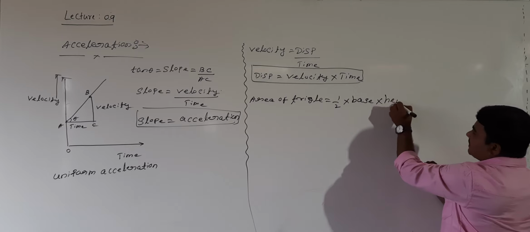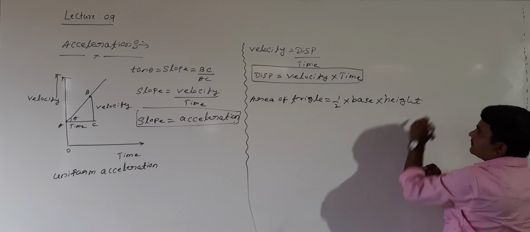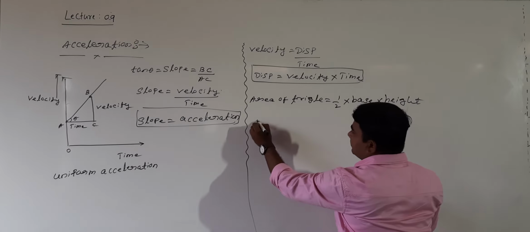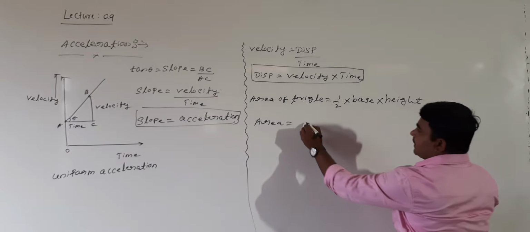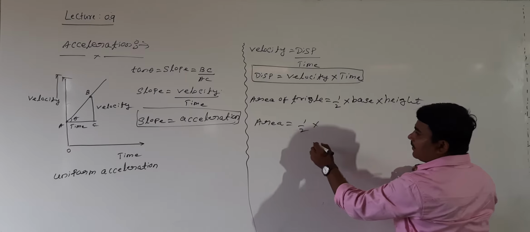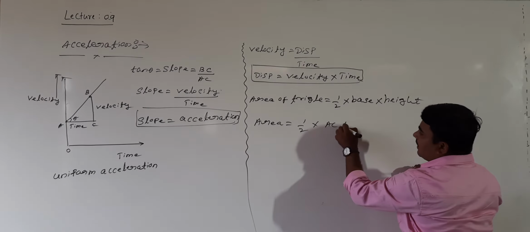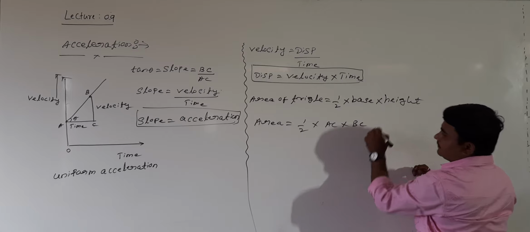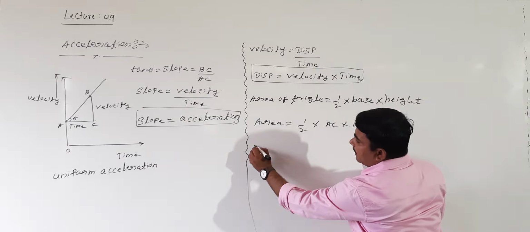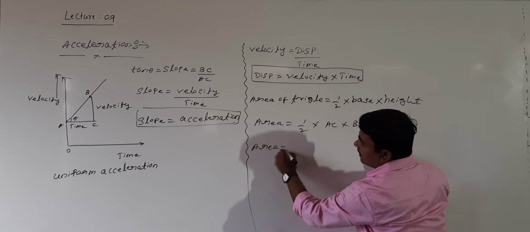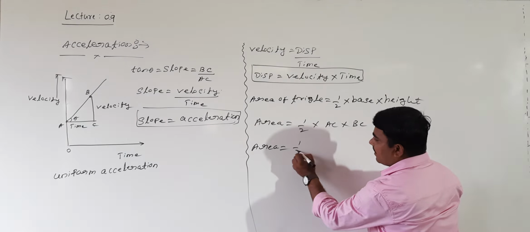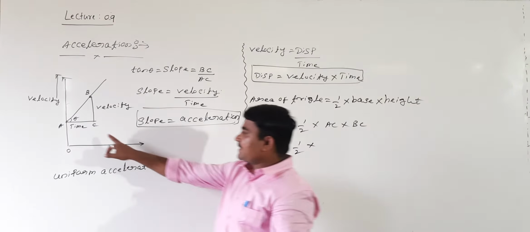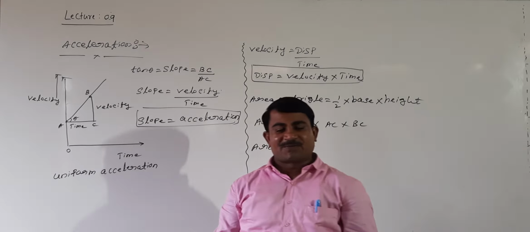Keep the half the same. Base equals AC, height equals BC. AC means time, BC means velocity.